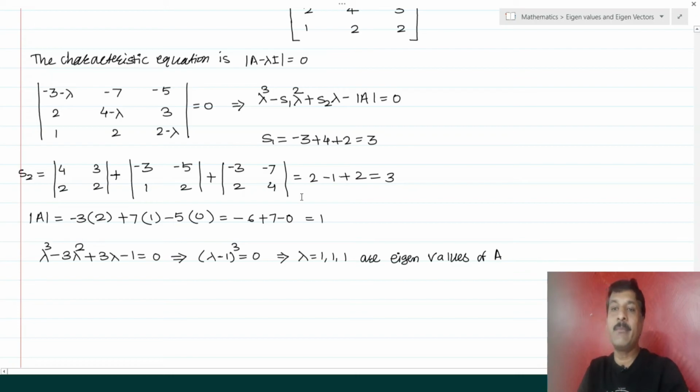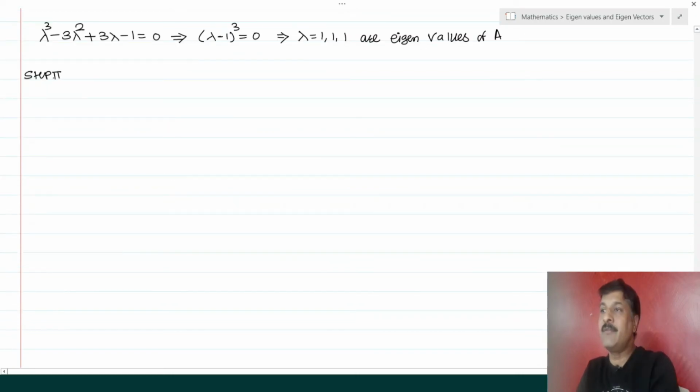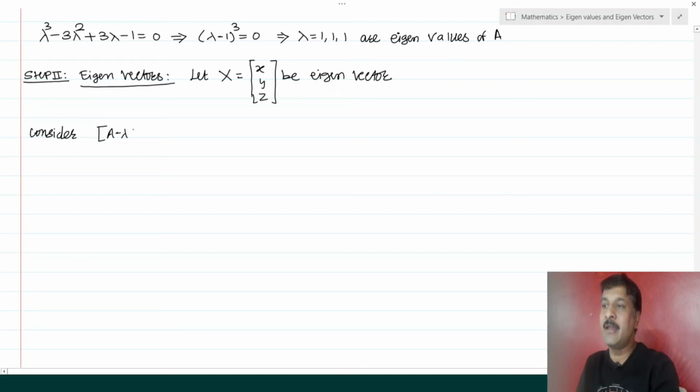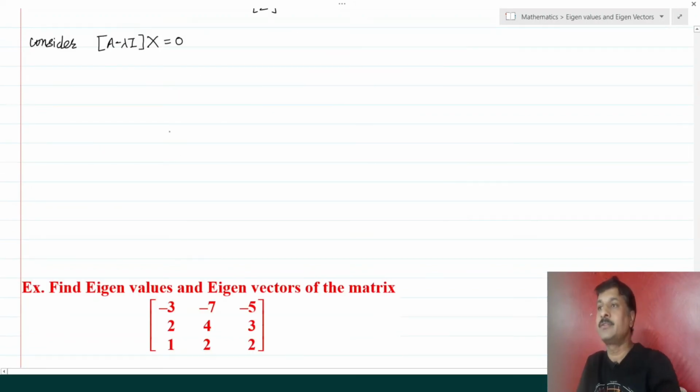Now step number 2, eigenvectors. Let X equal to (x, y, z) be the eigenvector. Consider the matrix (A minus lambda I) into X equal to 0. So what is this A minus lambda I here?